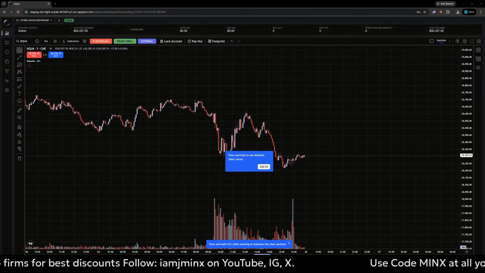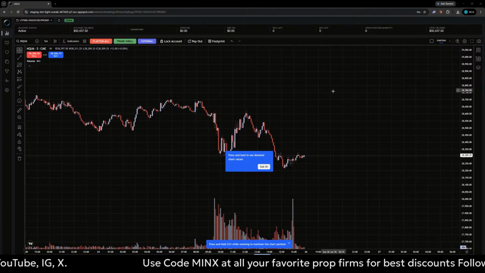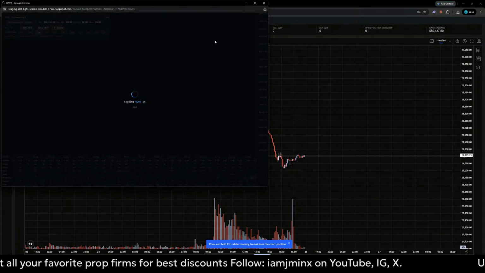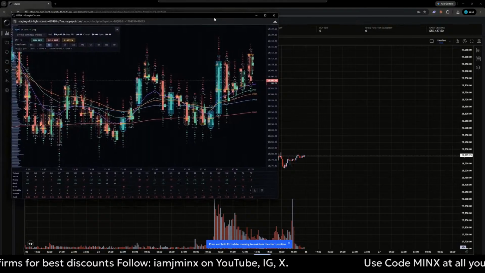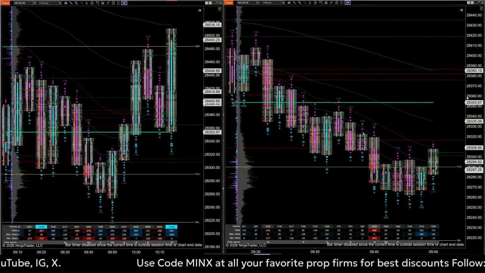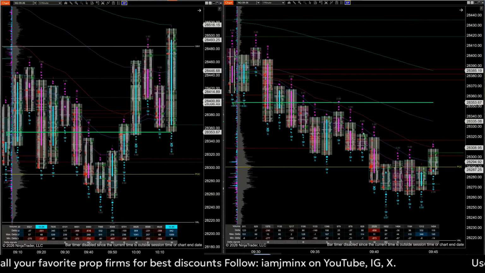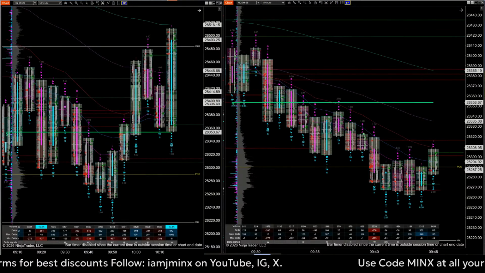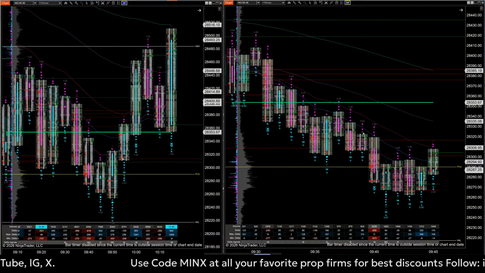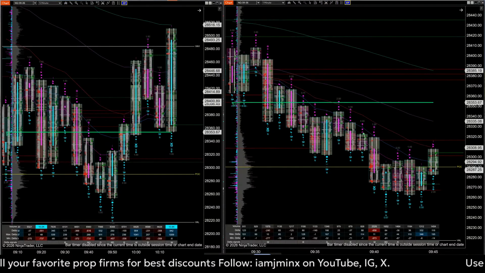I'll get started in a couple of minutes. Yeah, so Onyx is only for Rhythmic accounts, but Order Flow Footprint through NinjaTrader, like I have it for Tradovate.